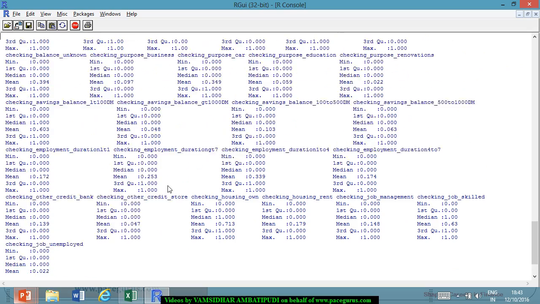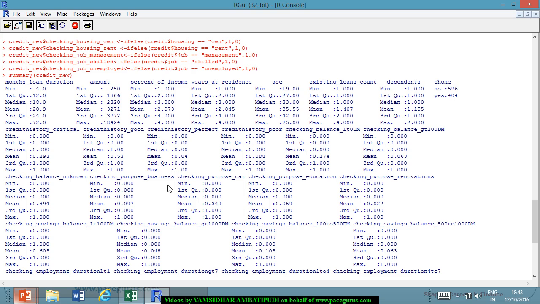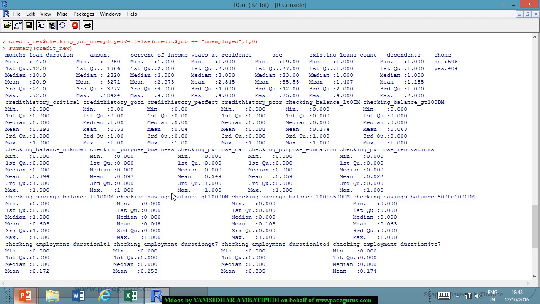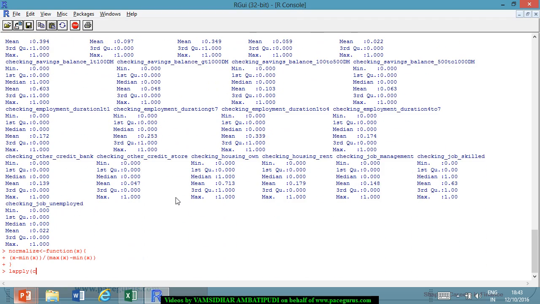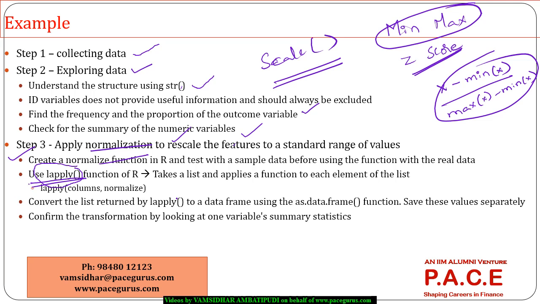So I will be using it for all the data, right? So I'll have to use it for all the columns. So I'll say credit underscore new, and the function that I'm applying is normalize. But remember, when I'm using lapply, the output comes out in the form of a list. But I don't want the output in the form of a list. I want it in the form of a data frame.